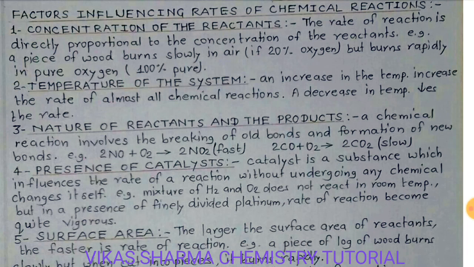Student, the third factor is nature of reactants and the products. A chemical reaction involves the breaking of old bonds and formation of new bonds. Example, 2 mole of nitrogen monoxide plus 1 mole of dioxygen gas convert into 2 mole of nitrogen dioxide fast. But 2 mole of carbon monoxide plus 1 mole of dioxygen gas convert into 2 mole of carbon dioxide slowly. So every reactant has a unique nature.